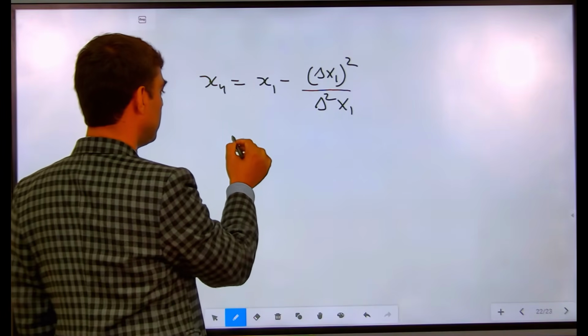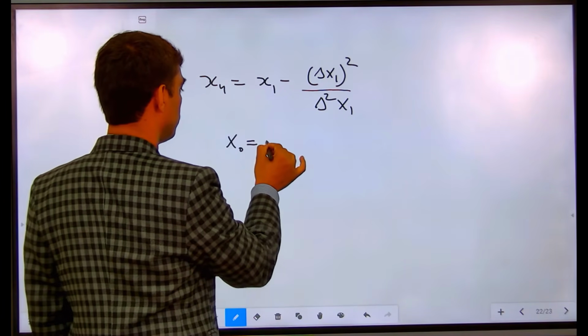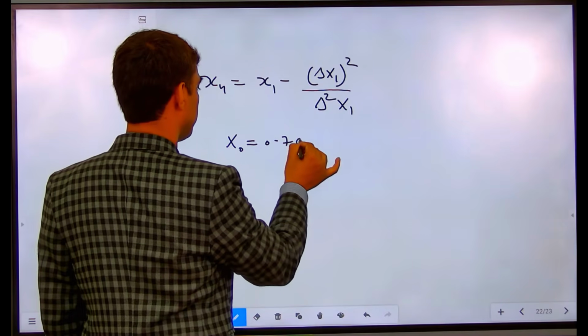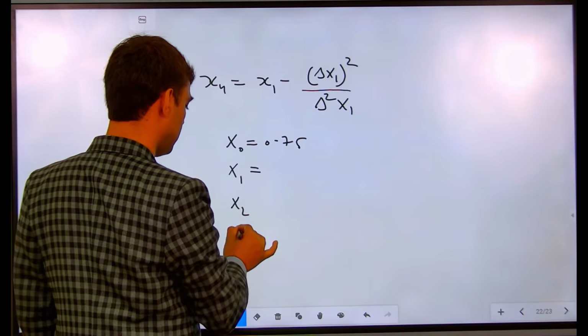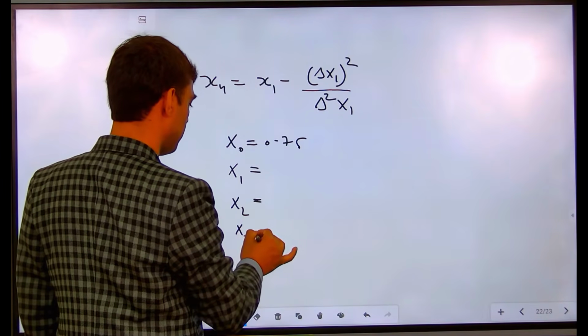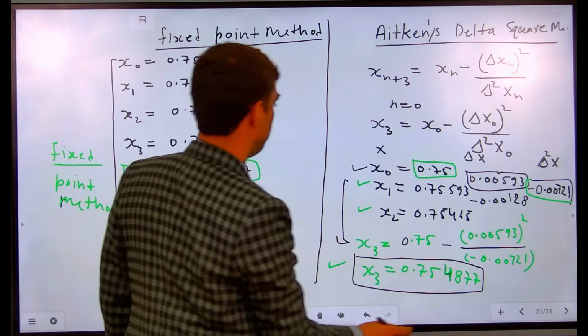So here x0 is 0.75, x1 is already given, x2 is already given, x3 is already given. What are the values?